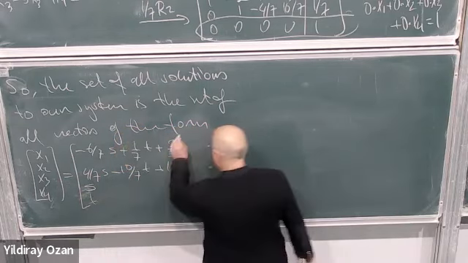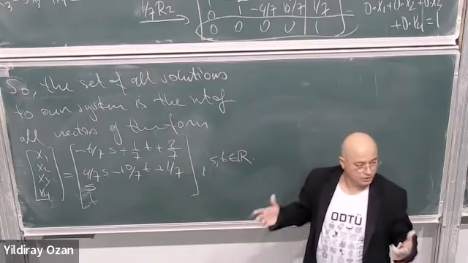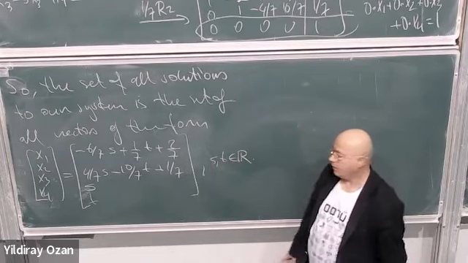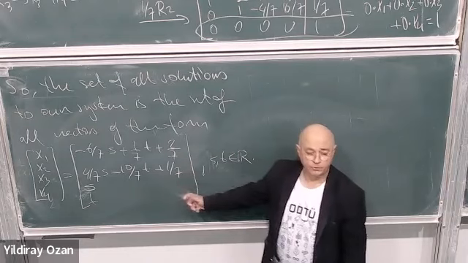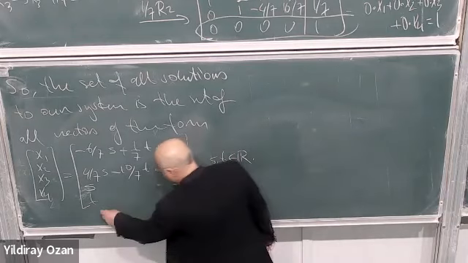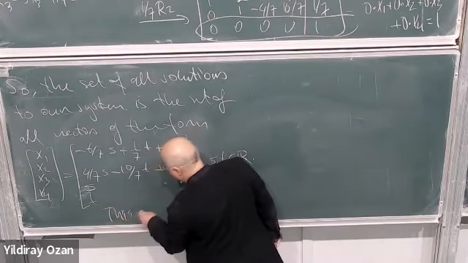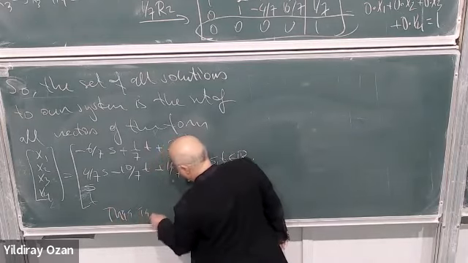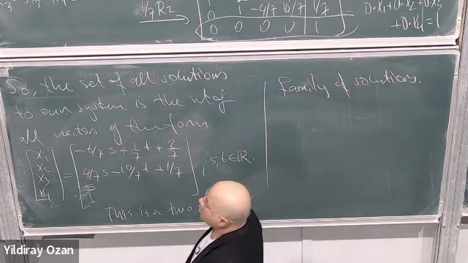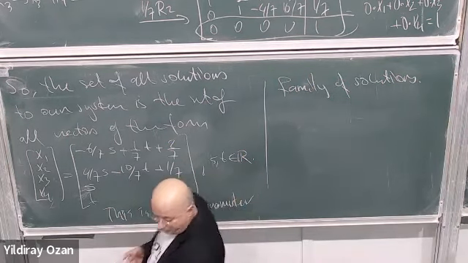So this is the list of all solutions. We have a two parameter family of solutions, right? What are those parameters?